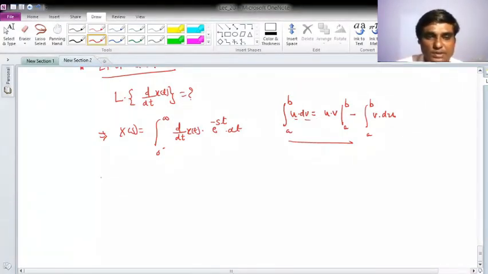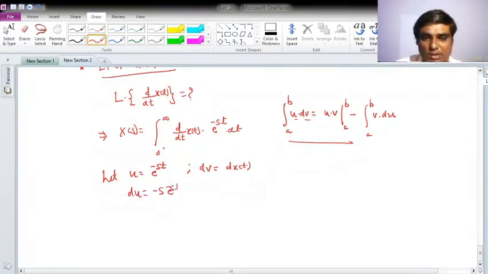Let us assume u is e raised to minus st, and dv is equal to dx of t. I need the derivative of u also, so du will be minus s e raised to minus st, and v will be x of t. I will substitute all this in the integration by parts formula.